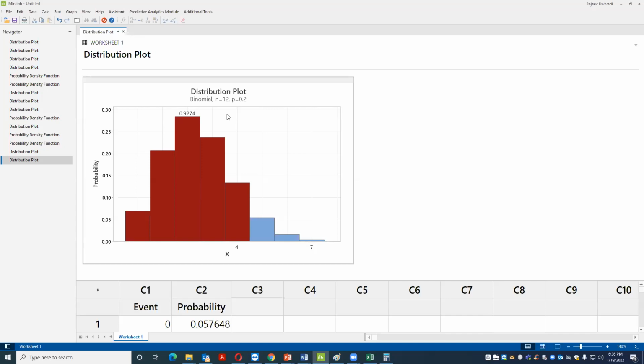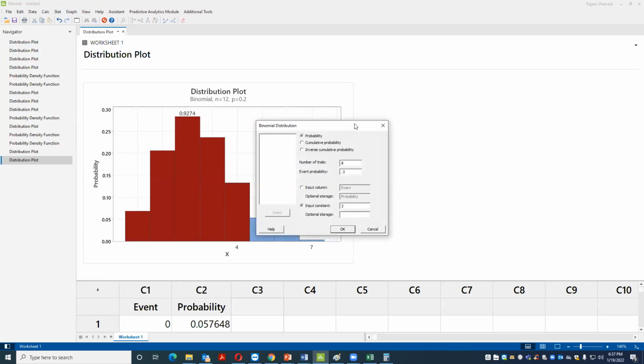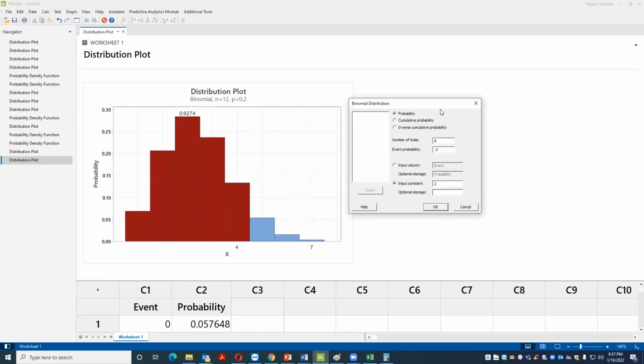Now I'm going to do the same thing using the traditional way. So this is the probability distribution, and I'm going to use the binomial here. Now the question is less than 5. Here we have cumulative probability, because it is going to add the previous ones.